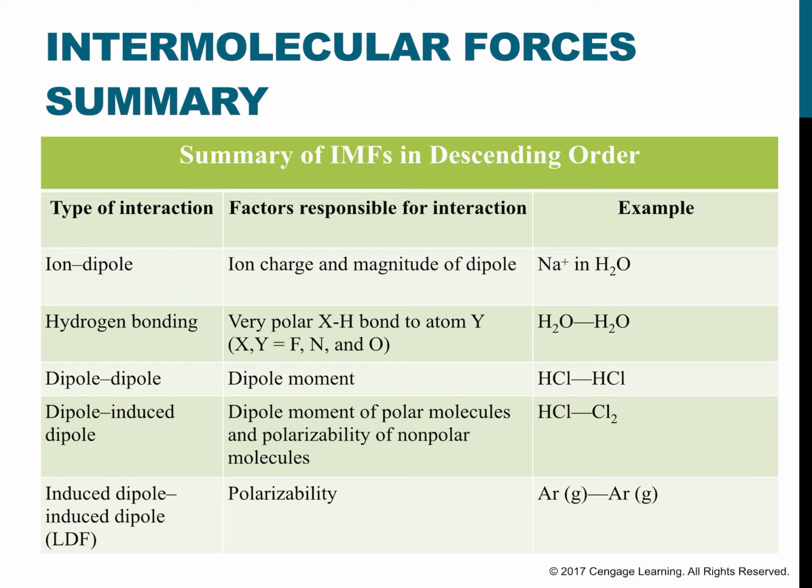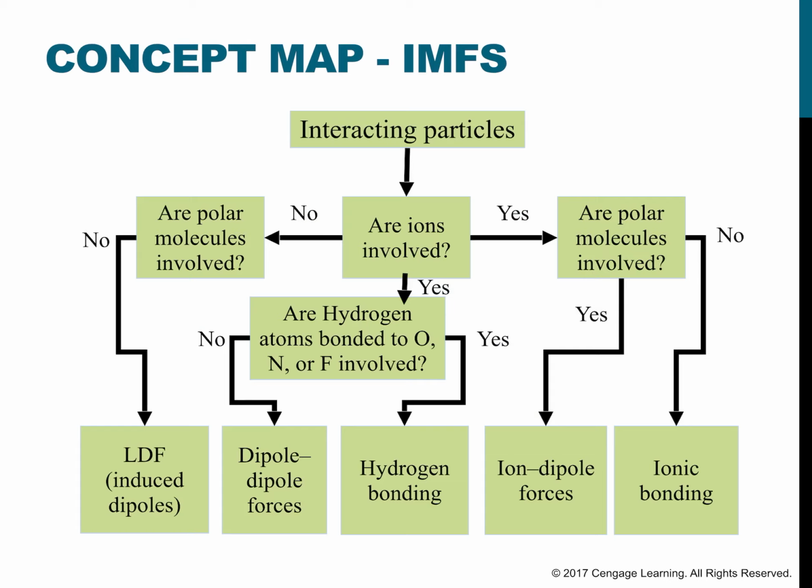And then the last one, London dispersion forces, can be induced dipole, or we looked at instantaneous and induced dipole, and it has to do with polarizability. These are in everything. So everything has London dispersion forces. This is a nice little flow chart to help you decide what type of intermolecular forces you have, if that's helpful to use.